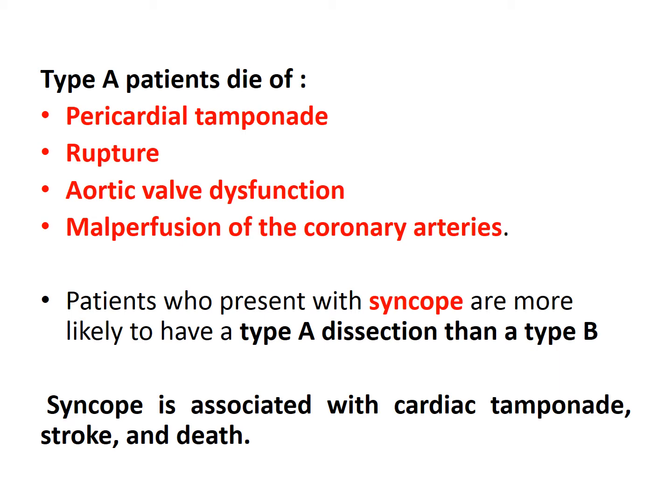An important diagnostic feature in type A aortic dissection is the diastolic murmur of aortic regurgitation, which, when accompanying acute chest pain, should make one suspect aortic dissection.